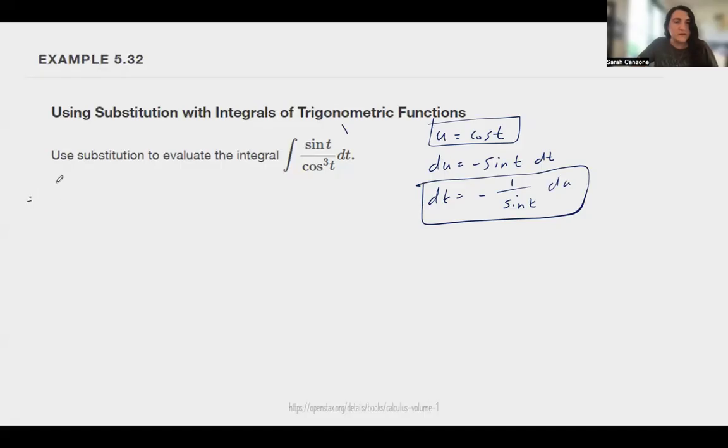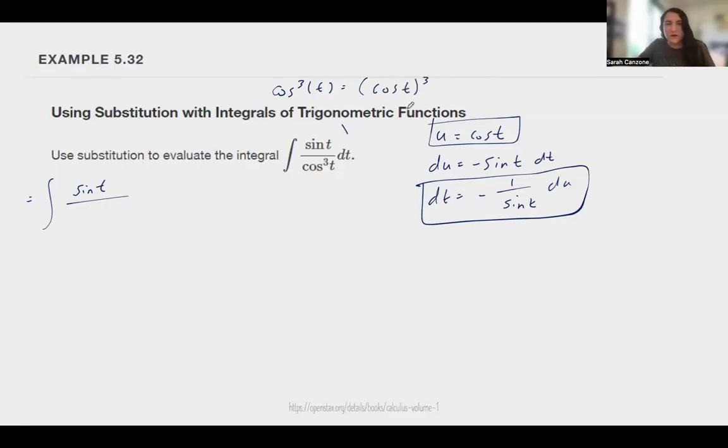And what that tells us is that this is equal to the integral of the sine of t over cosine. Remember that cosine cubed of t is mathematical shorthand for cosine of t, quantity cubed.